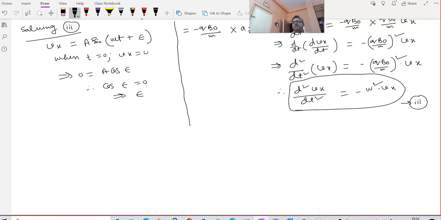It can come as cos also, you can take cos also, it doesn't matter. Then sine epsilon will be equal to 0. This implies epsilon equal to 0.